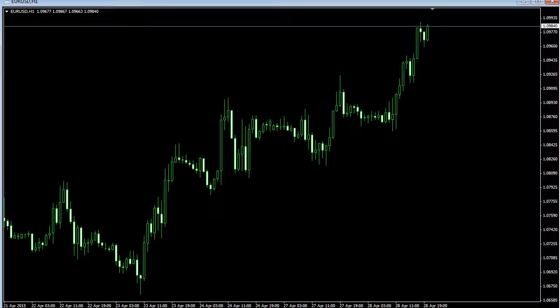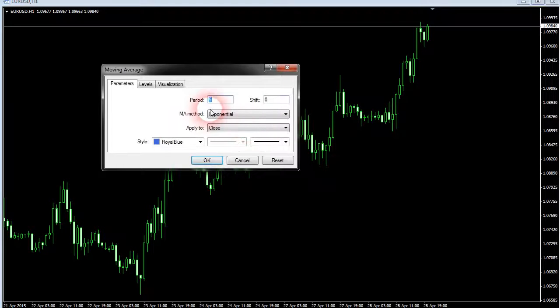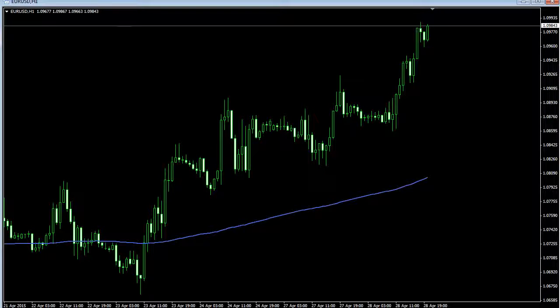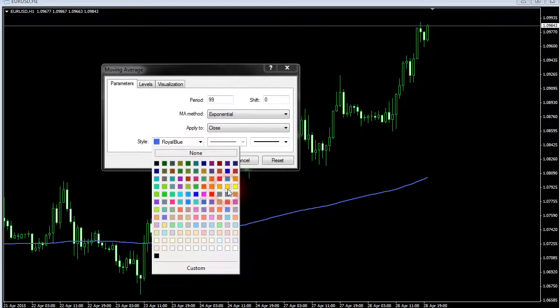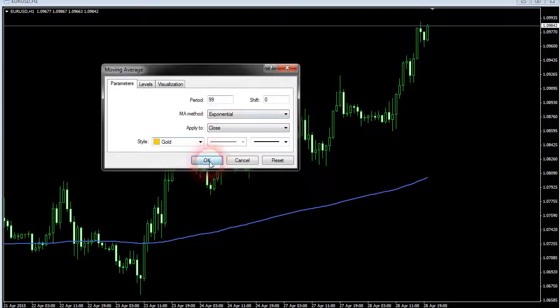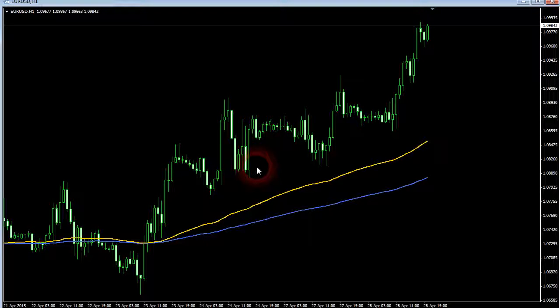Now we want to add something so we can see the trend better. You can start with a moving average, set it to a 200 exponential, and I also like having another moving average. You can set it to another color, and period 99 is good because it resembles SMA 50.